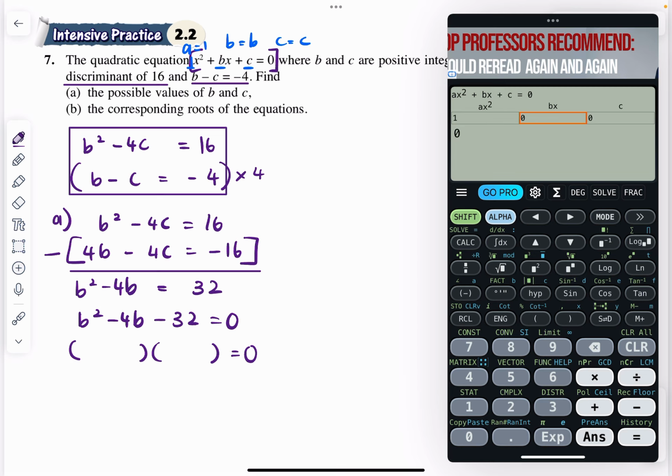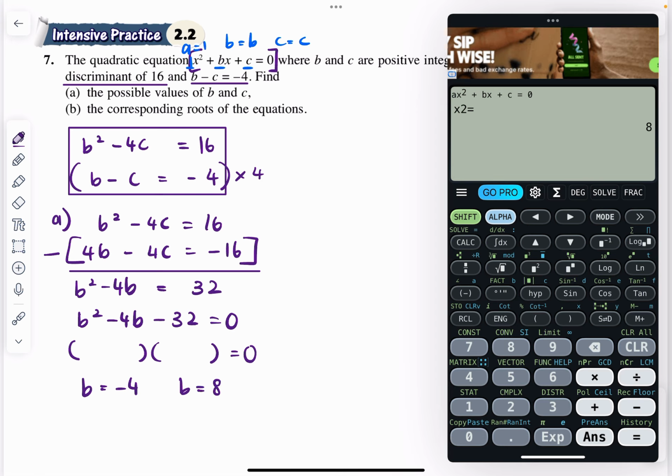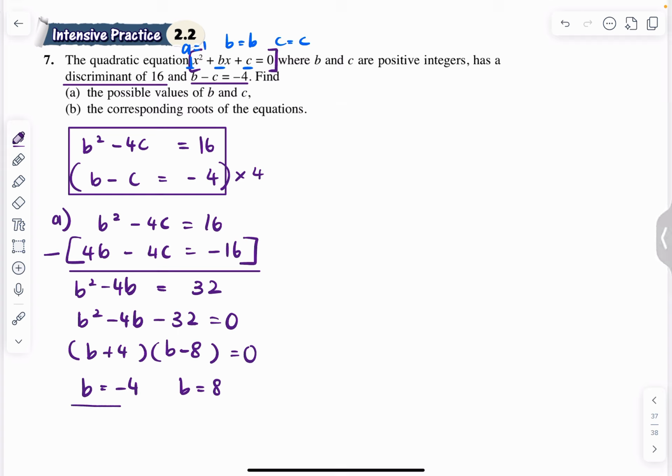We can now factorize this. So a is 1, b is negative 4, c is negative 32. So we get b is negative 4 and b is 8. So b plus 4, b minus 8. Right. So now we have the values of b. Let's find what is c.